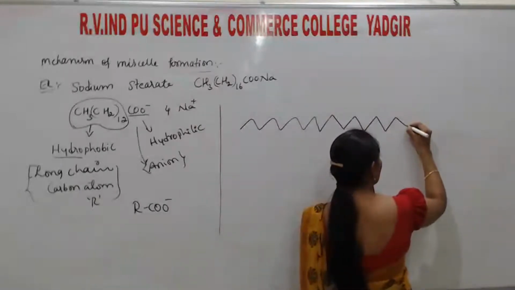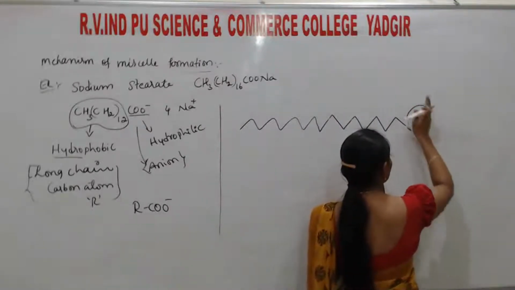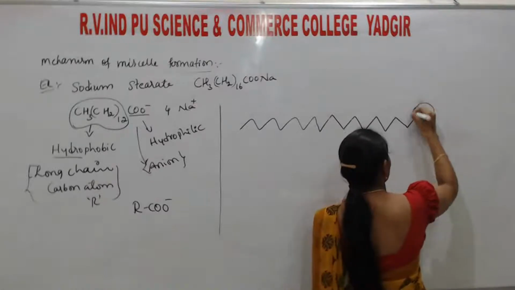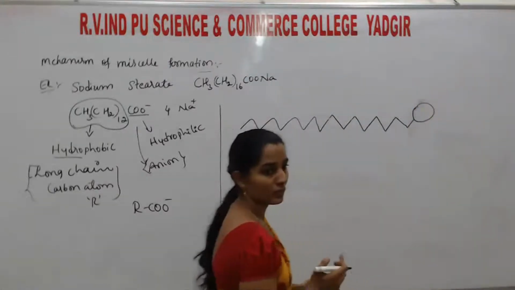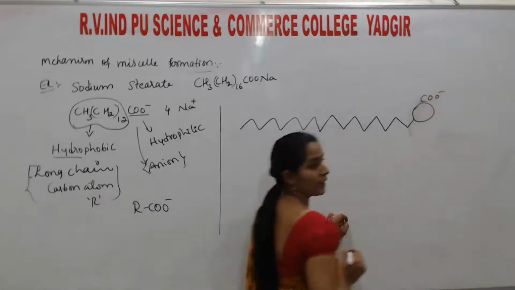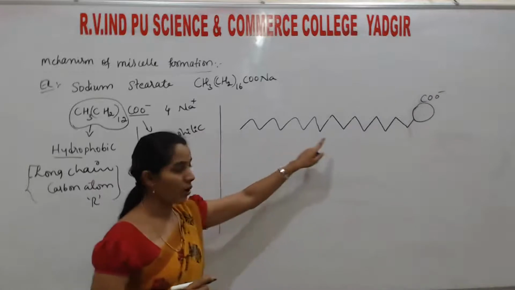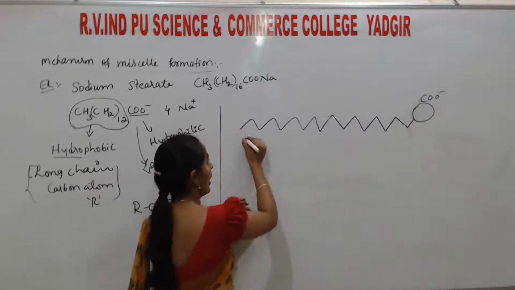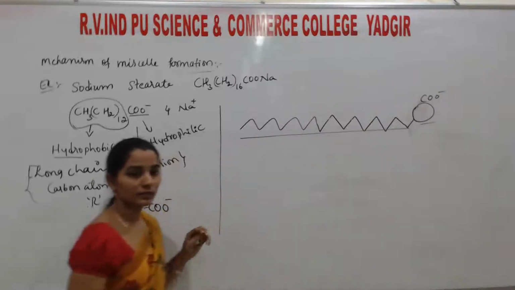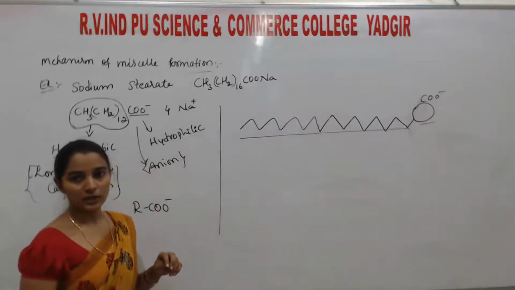And here this is the COO minus ion. So these are all carbon atoms. This is hydrophobic in nature. This is hydrophilic in nature. Understand, students?